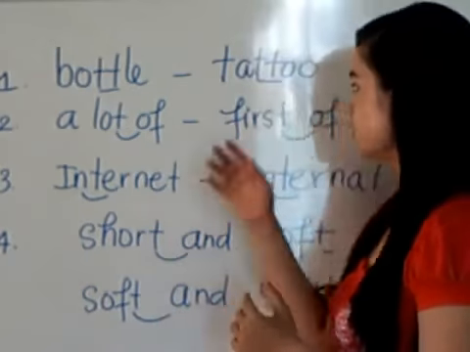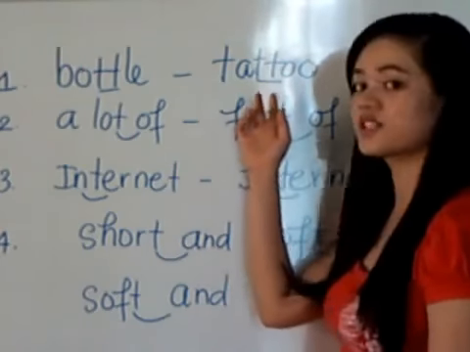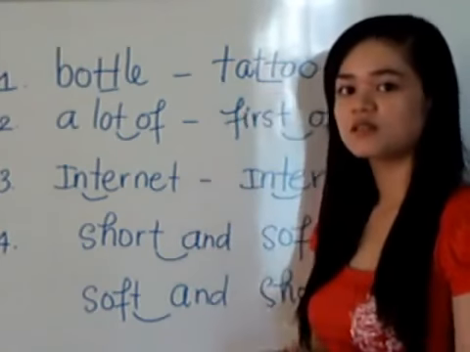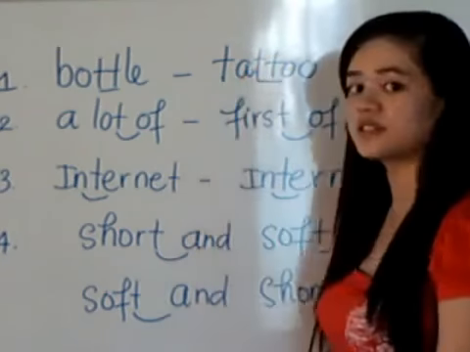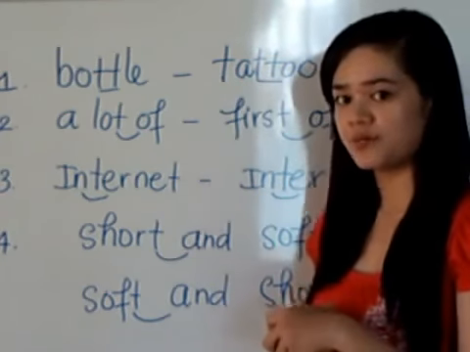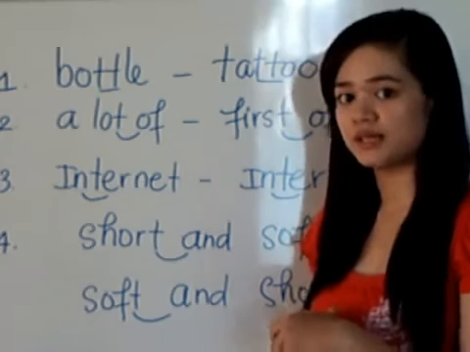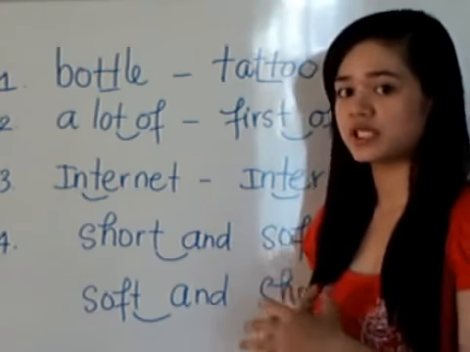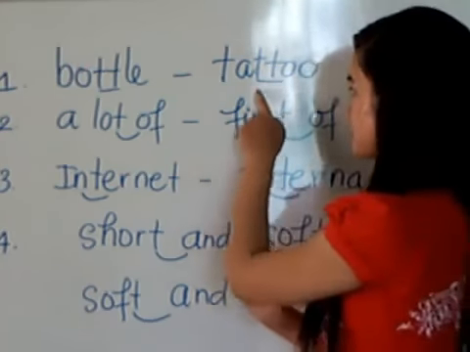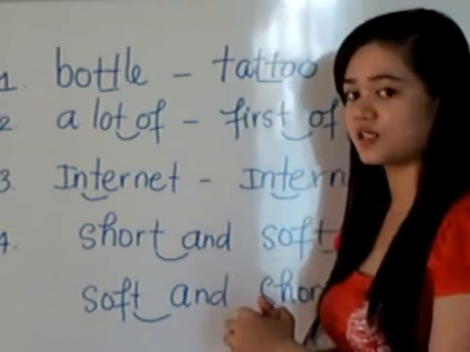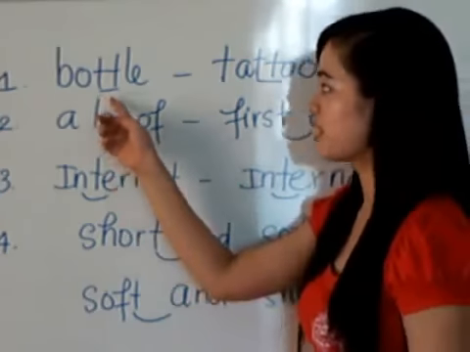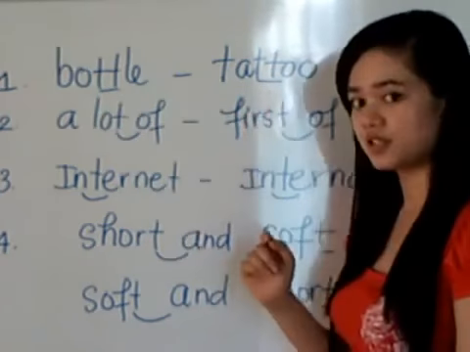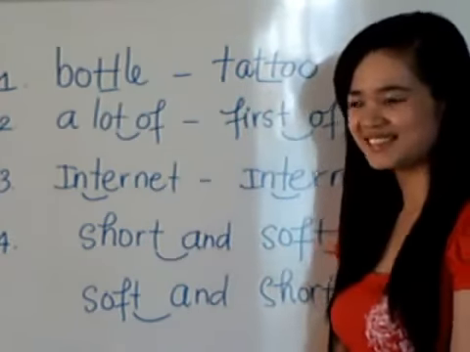Bottle. But look at this. This also has double T, but be careful, because we have to stretch in the second syllable. And do you remember the words composed with true T? We have to use true T when it belongs to this group. So we say tattoo. Tattoo. Bottle, but tattoo. Okay?